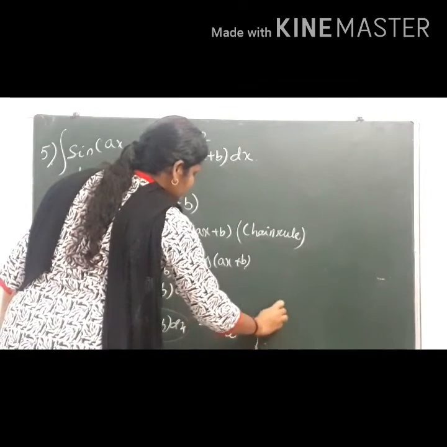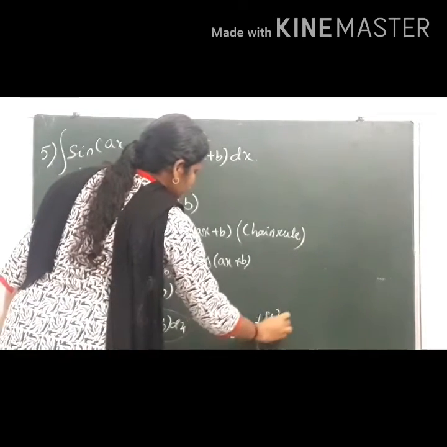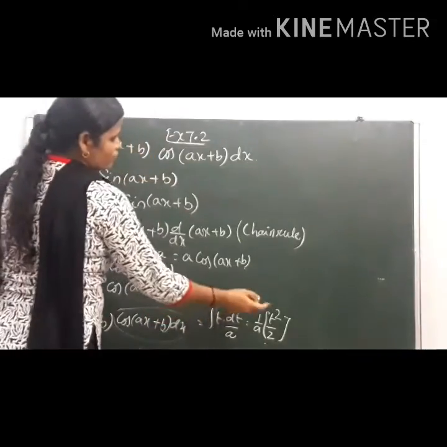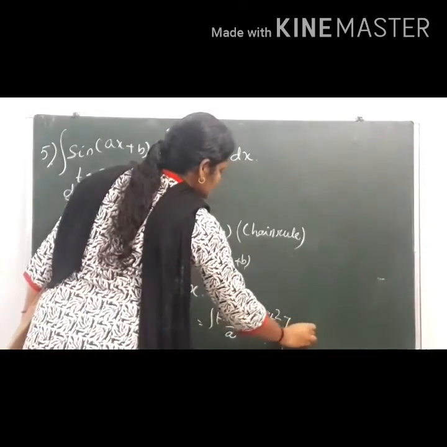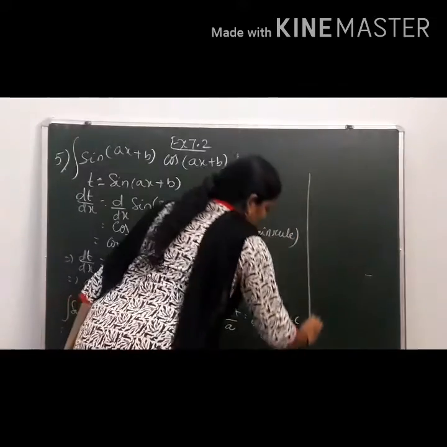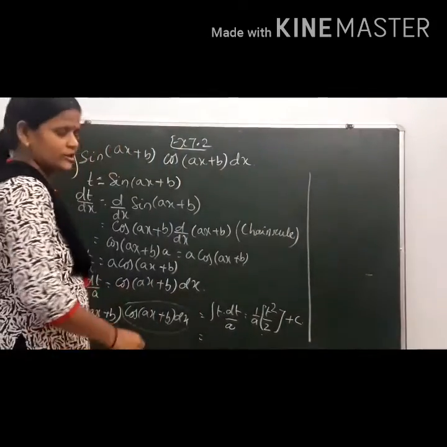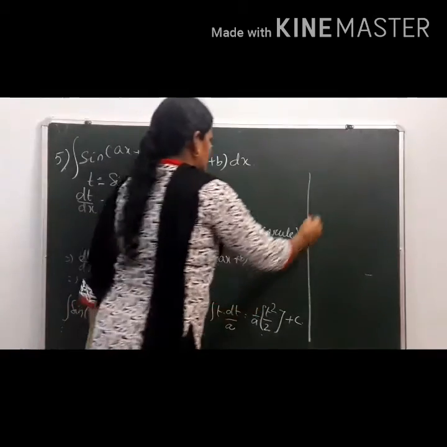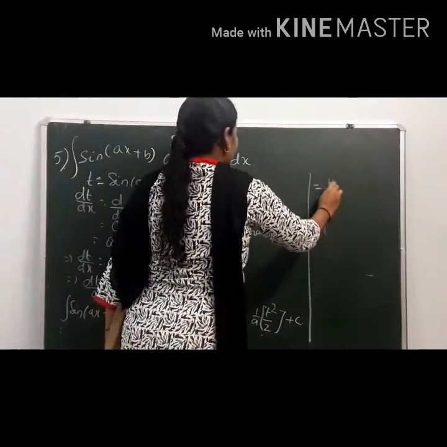What you will get? t squared upon 2, that is the t to the power 1 plus 1 formula, plus c. So that is 1 by 2a.